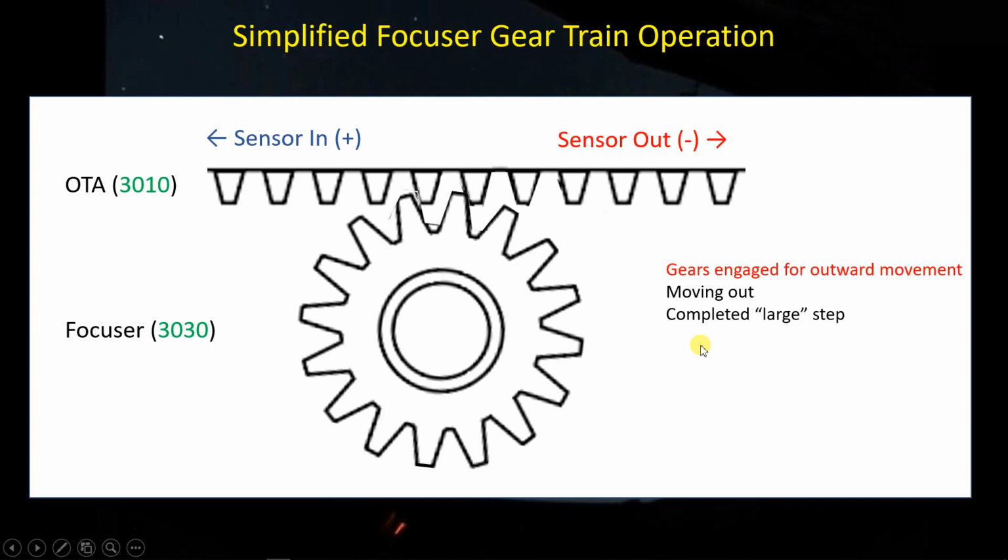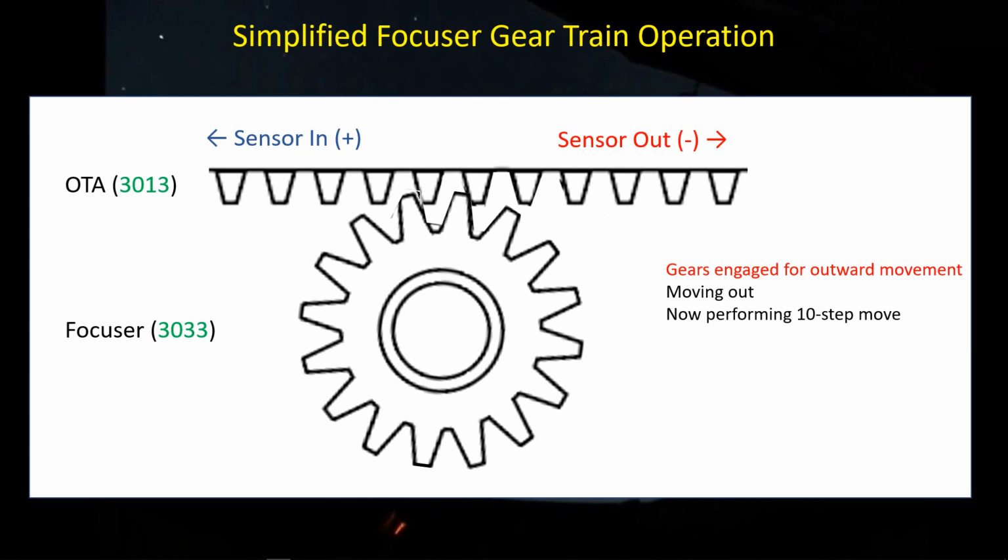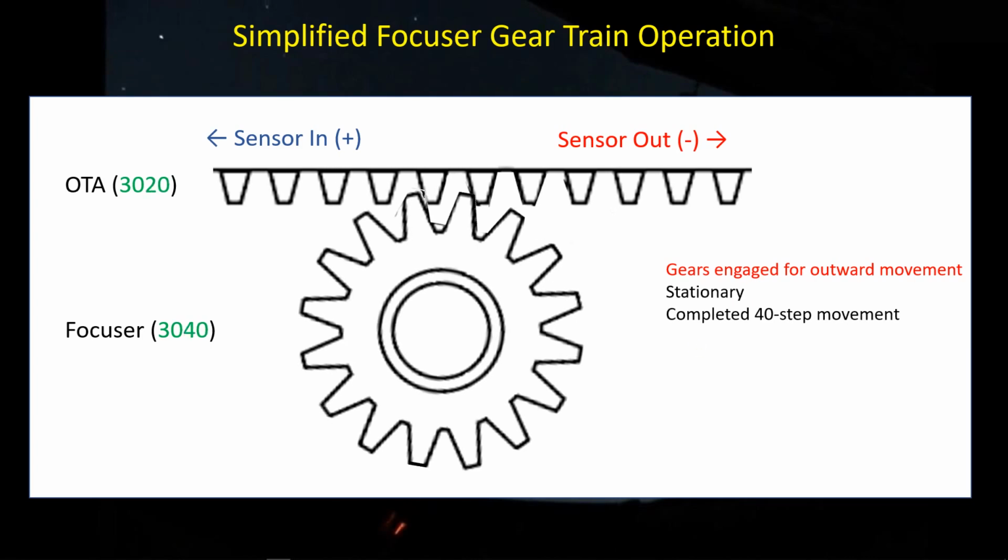Now we've got to execute the 10 steps that we ultimately commanded. This is just the large step. So we continue on for another 10 steps, and now the gears are still engaged for outward movement, but they're stationary because we've completed the 40-step outward movement.